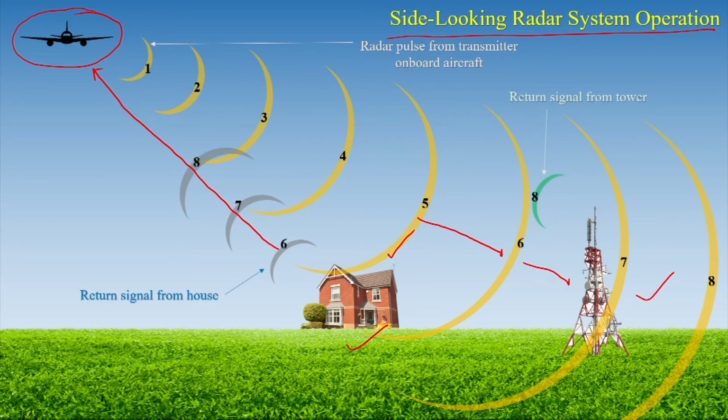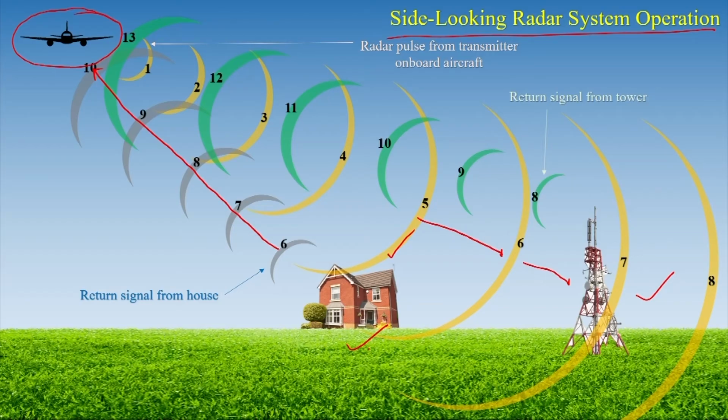So, the backscattering will start from this tower as well as from this house, depending upon their position and the time when they interact with your transmitted signal. Once it is over, it will reach your sensor, and then they will be recorded separately and your microwave image will be generated, right.